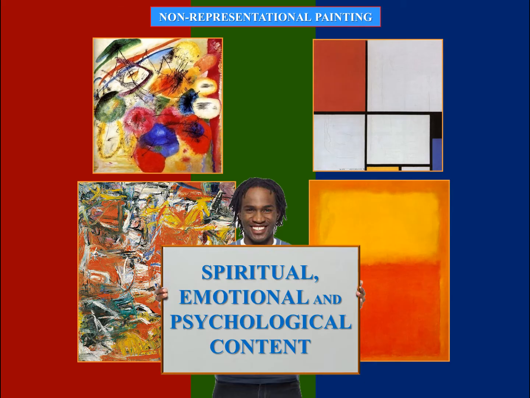Now, if you go back and look at all the non-representational painting we've been looking at, and certainly hard edge painting is non-representational, I've been stressing that previous examples, movements, had a spiritual, emotional, and or psychological content to their work. But look, in the 1960s, that was a thing of the past.